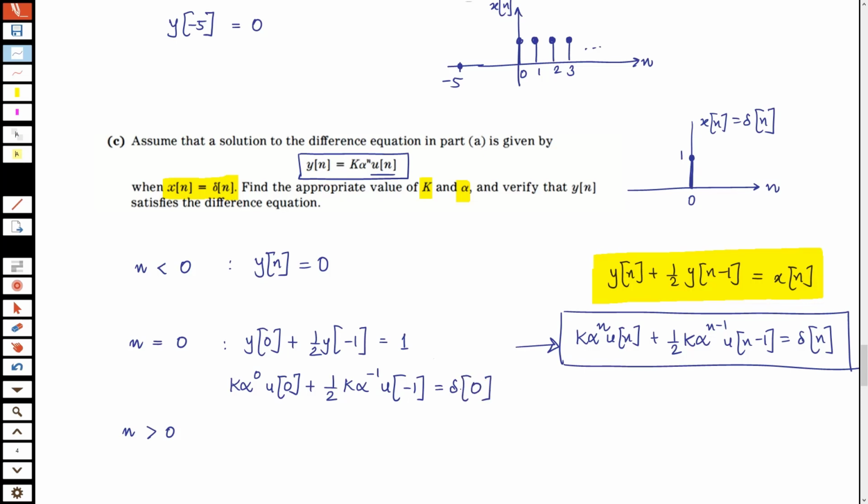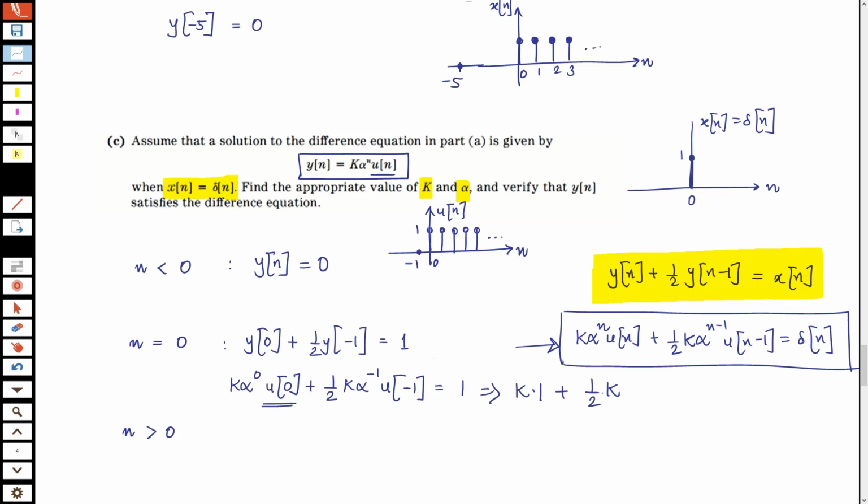We know that delta of 0 is equal to 1. We know that u of 0, the value of this unit step function at n equal to 0, is also 1. So we plug in this value. k alpha to the power 0 is 1, so k into 1 plus half k u of minus 1.